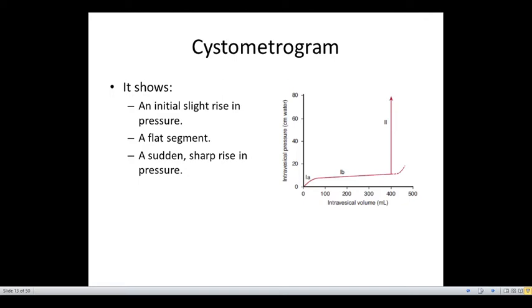The cystometrogram shows an initial slight rise in pressure, then a flat segment, and then a sudden sharp rise in pressure.